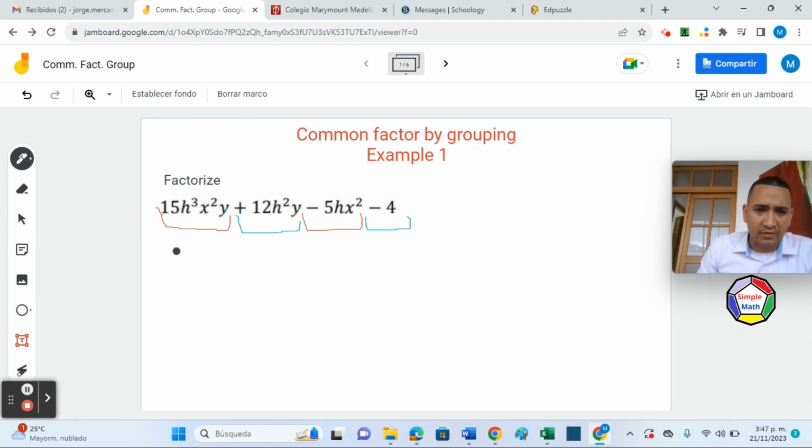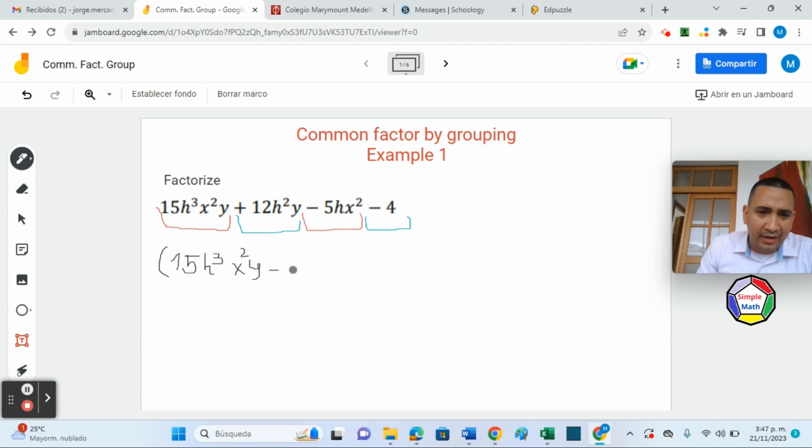So let's start doing the groups. I can make a group made by 15h exponent 3, x exponent 2, y, which is the first term, and then if you pay attention, I made a box including the sign.